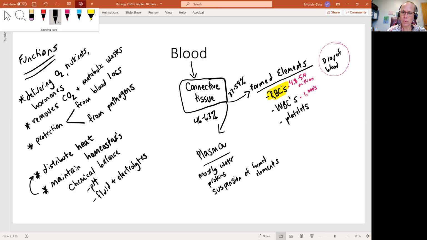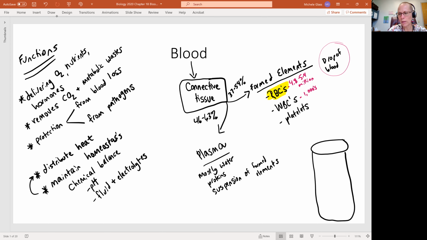The other thing that I want to talk about here in this video is if we took a sample of blood and we put it in a test tube and we spun it in what is called a centrifuge, what we see is all the heavy stuff settles to the bottom of the tube and all the light stuff is at the top. So you end up with this layering system.